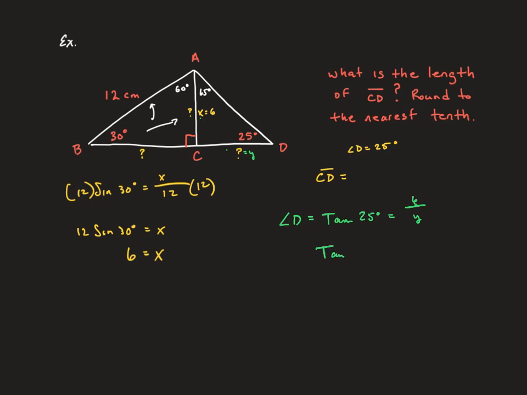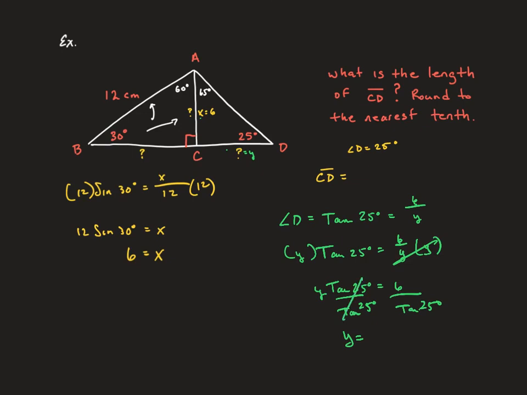Tangent of 25 degrees is equal to 6 over y. I'm going to go ahead and multiply both sides by y. So y times the tangent of 25 degrees is equal to 6. Go ahead and divide both sides by the tangent of 25 degrees. And then y is going to be 6 divided by the tangent of 25 degrees.